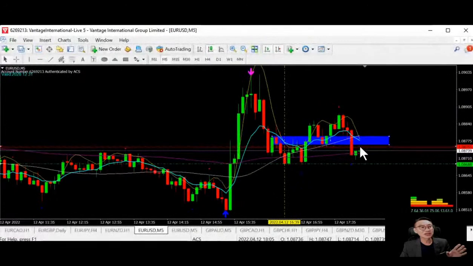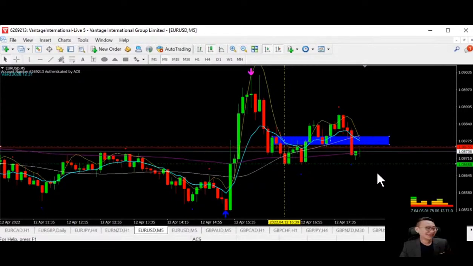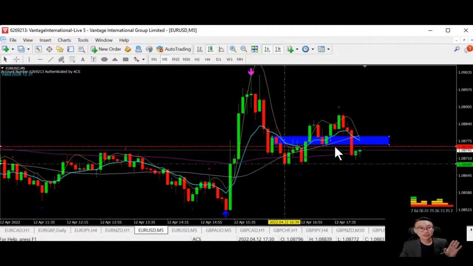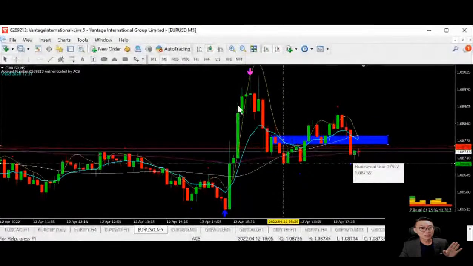Then it will create a lower resistance to continue the lower low. Understand? Hello guys, do you understand? So the first step, identify the range. Secondly, come back and build the support to meet the resistance.